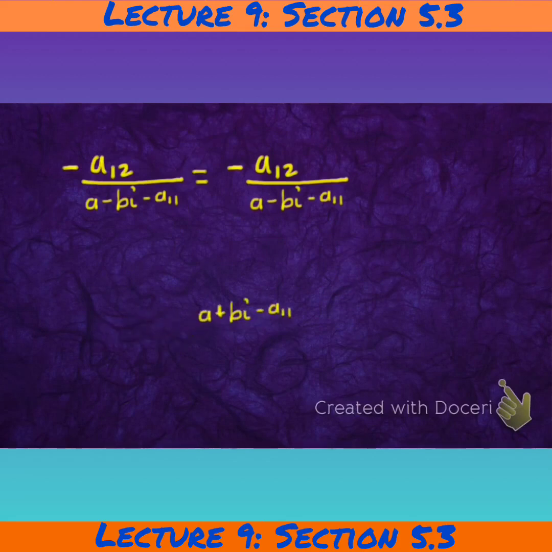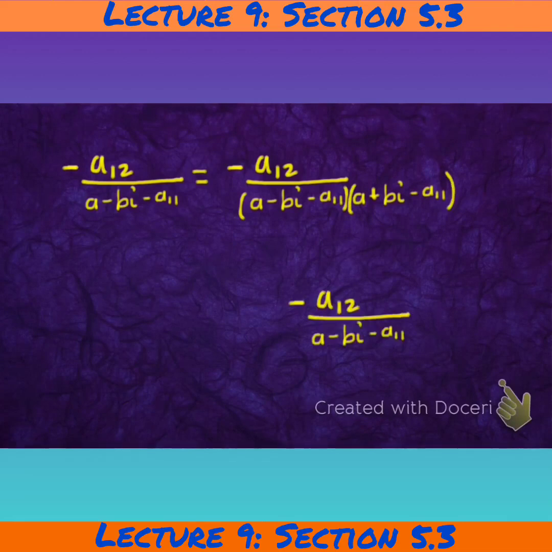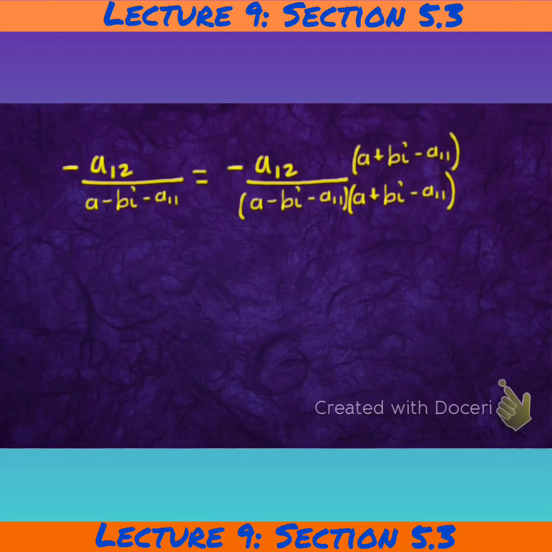What we're going to do is multiply the denominator with the conjugate, and what we do to the denominator we must do to the numerator as well. So we're going to take that and multiply it with that.